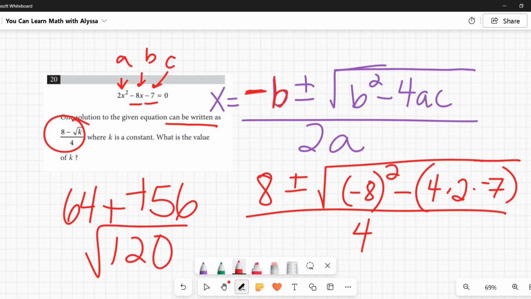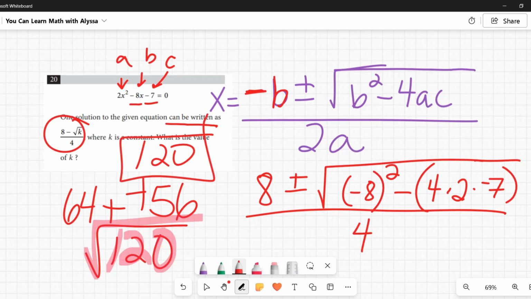So if you simplify it down and say that's what's left under the square root, you're going to get it wrong and you'll have done extra work. So that's a double whammy. Always make sure we read it carefully. They don't want us to simplify it. They just want to know that when there's an 8 and a 4, what number is under the square root. That's 120, so 120 is my answer.